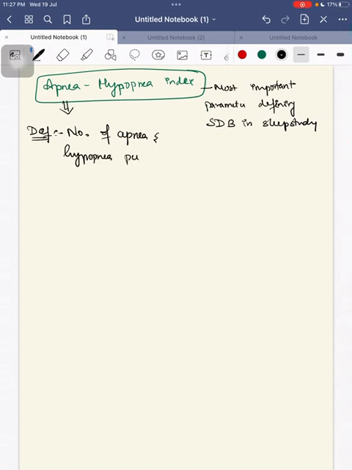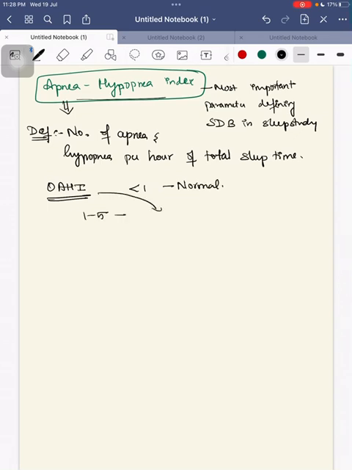Okay, in obstructive apnea hypopnea index, less than 1 is considered as normal. 1 to 5 is classified as mild obstructive apnea hypopnea index. 5 to 10 is moderate. More than 10 is severe.